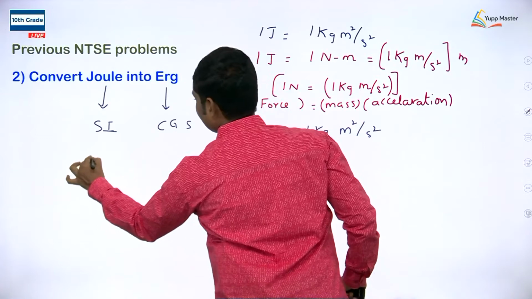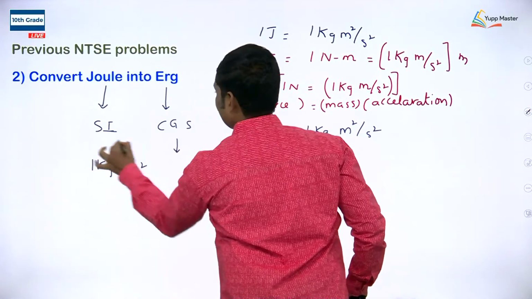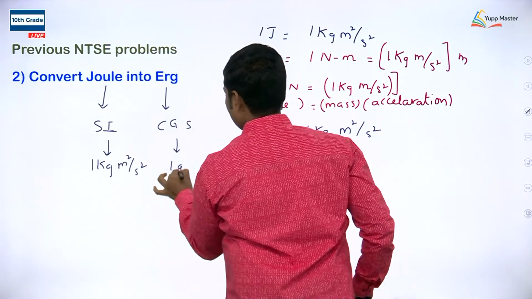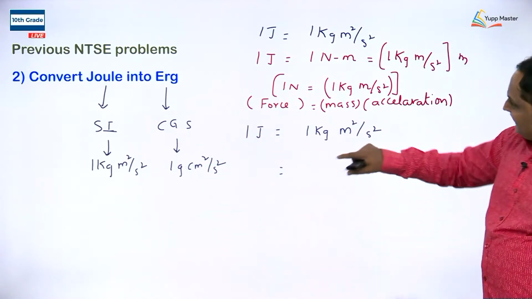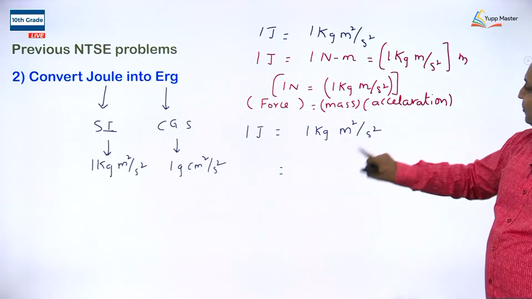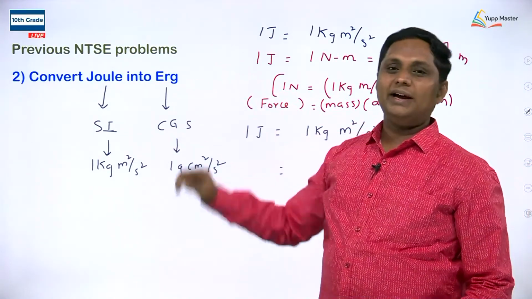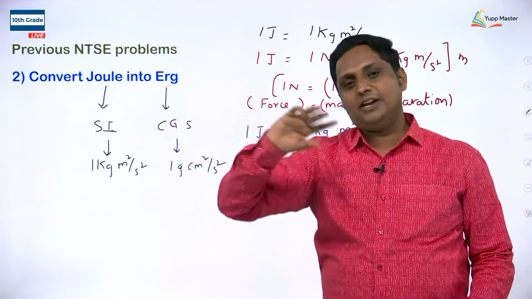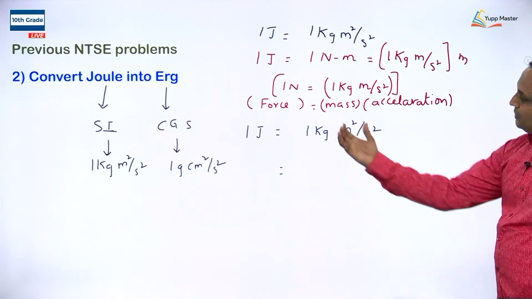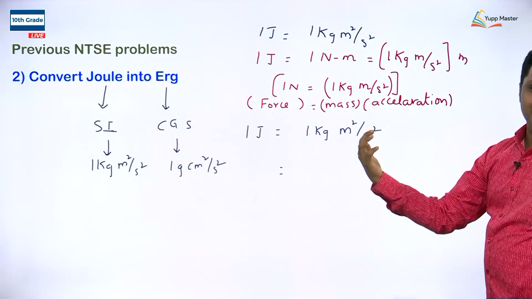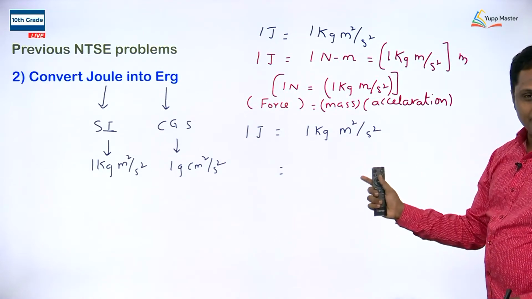In SI you take kg meter square per second square. Here you will take gram centimeter square per second square. You just have to convert accordingly. Otherwise, you have to take the dimensional formula and related calculations, which takes a very long time. Easily you will solve the problem. Say yes or no. You can convert joule into erg, easily converting kg into gram, meter into centimeter. Is it possible or not?